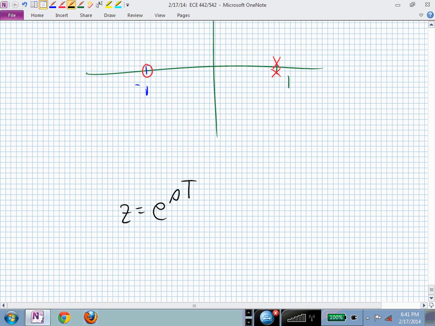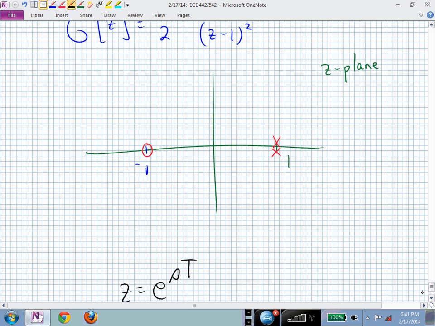Now, what did we have about zeros in G of S? We had 2 zeros at infinity, didn't we? We didn't have any finite zeros, but now, look at what happens. If we think about the unit circle in the Z-plane, that's actually where the imaginary axis in the S-plane maps into the Z-plane.